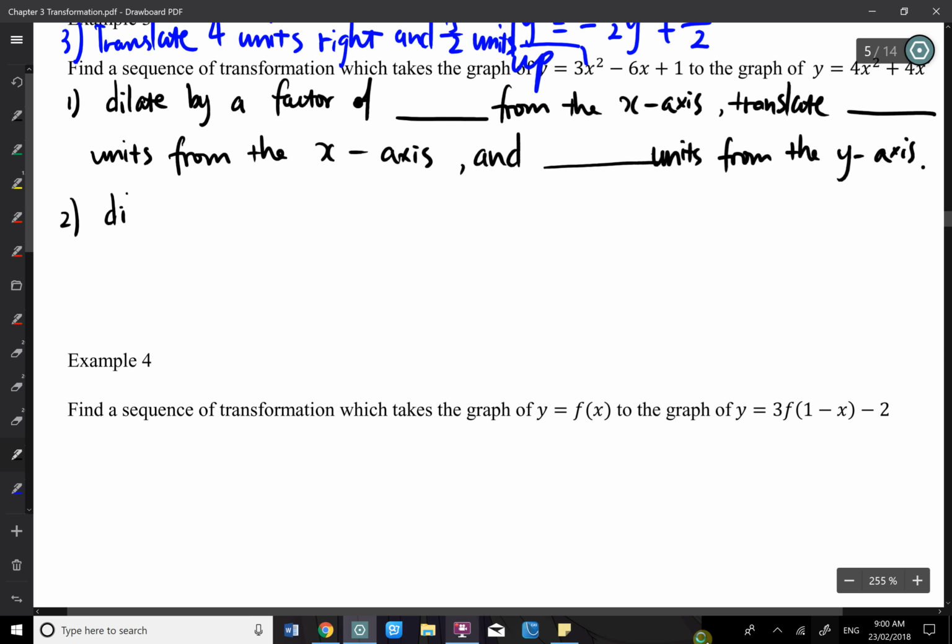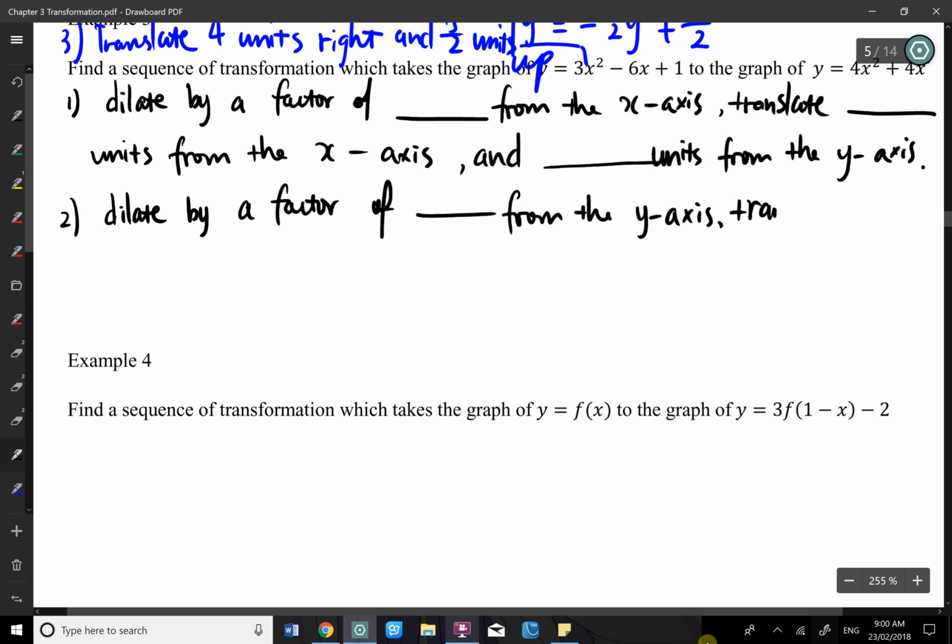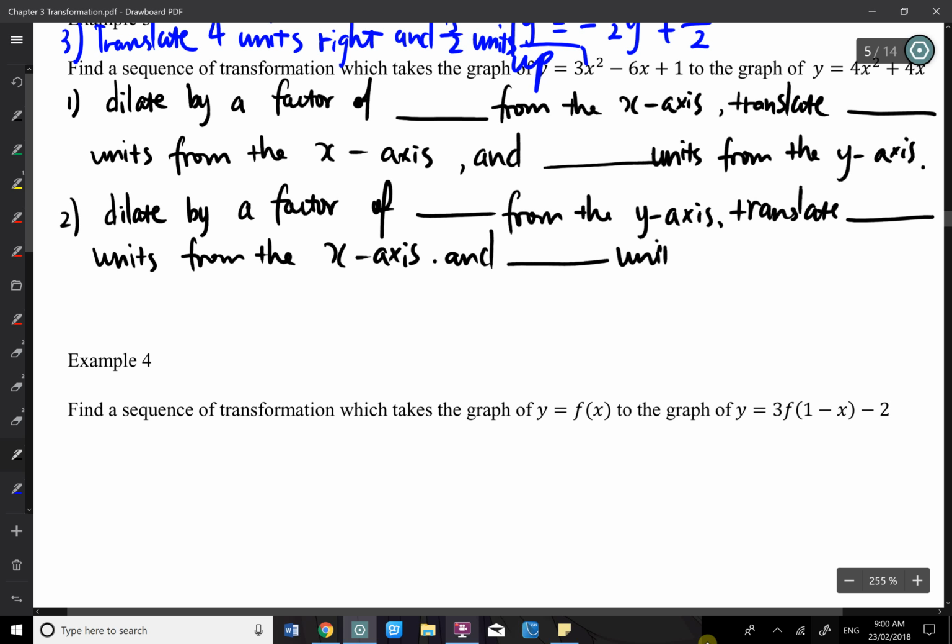Second one is dilate by a factor of what from the y-axis, translate how many units.